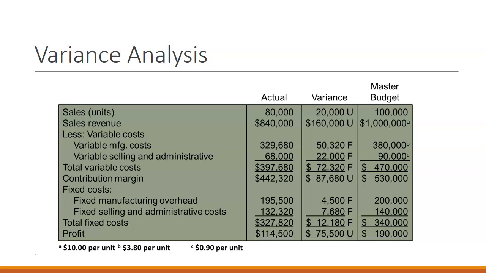So to look at the different variances, we would create a flexible budget for what our results would have looked like if we had written the master budget for 80,000 units. So we can compare the 80,000 to 80,000 results.